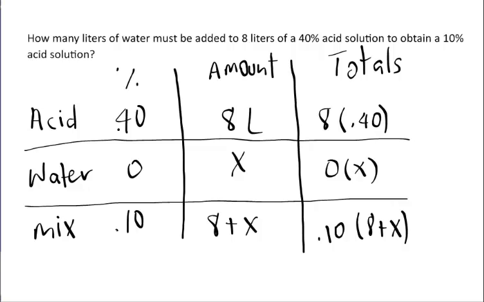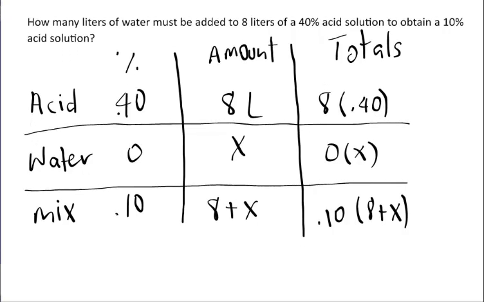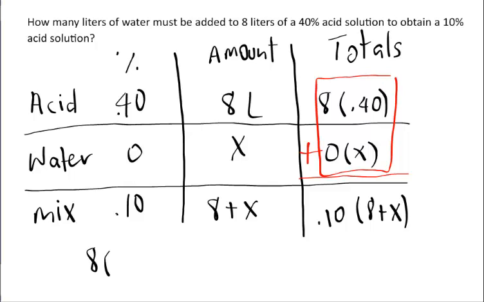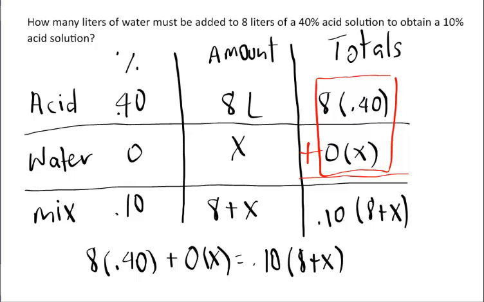Multiply straight across there. And just like what we had on the previous problem, we want these totals right here. We want the acid and the water. We want to be able to add these guys up to get the total underneath. So we're going to have 8 times 0.4 plus 0 times x equal 0.10 times 8 plus x.